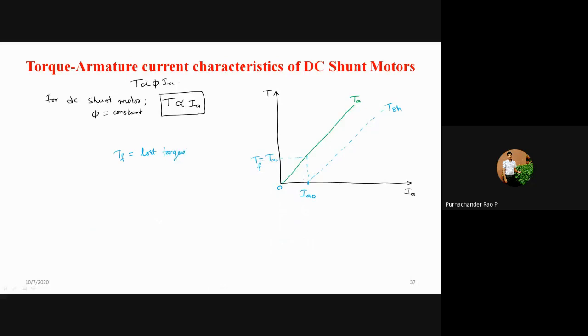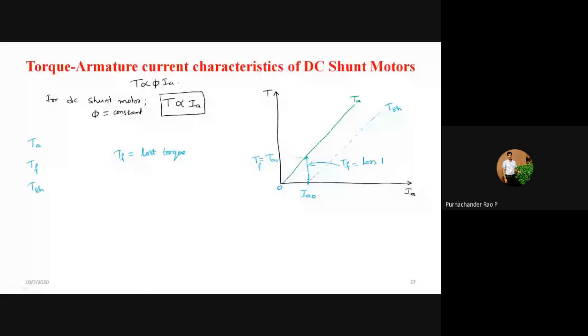Already we have discussed there are three different torques. TA is the armature torque, TF is the lost torque, and TSH is the shaft torque. This green line indicates the net armature torque which is developed in a DC motor, and this blue line is the shaft torque. The difference is nothing but the lost torque, TF.